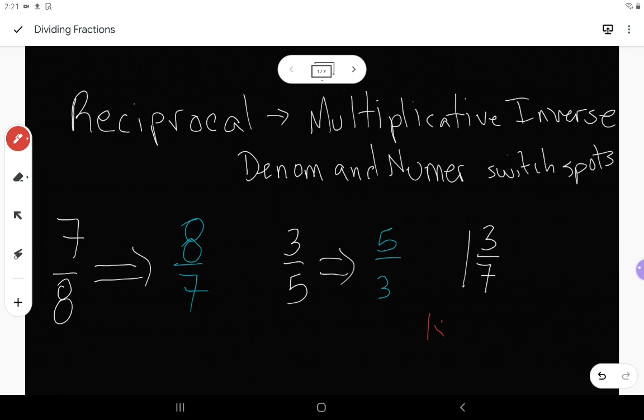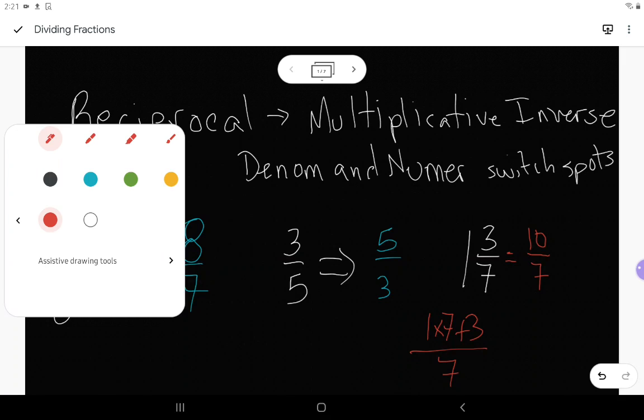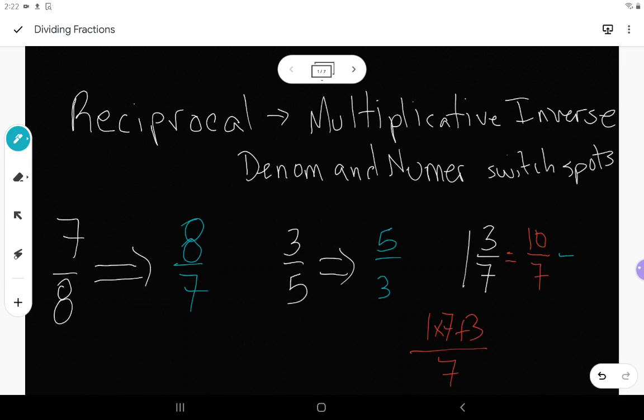So I take the whole number 1, multiply by the denominator of 7, add the 3, and the denominator still stays as a 7. So 1 times 7 is 7, plus 3 is 10. Another way of writing 1 and 3 over 7 is 10 over 7. When I find the reciprocal of 10 over 7, the numerator and denominator switch spots, and the reciprocal is 7 over 10.